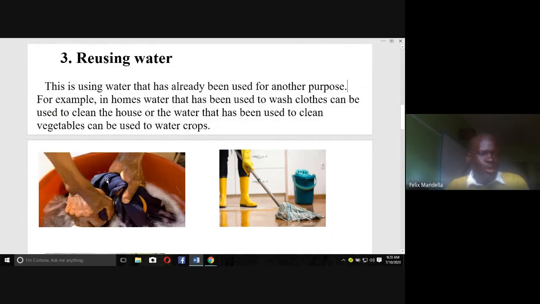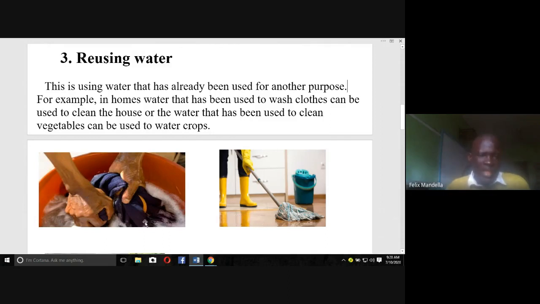So this person has used the water he used or she used in cleaning the clothes to clean the floor without treating the water. So this is reusing water. What does this one drive at? It shows us that when you do this, you conserve, you reduce wastage.